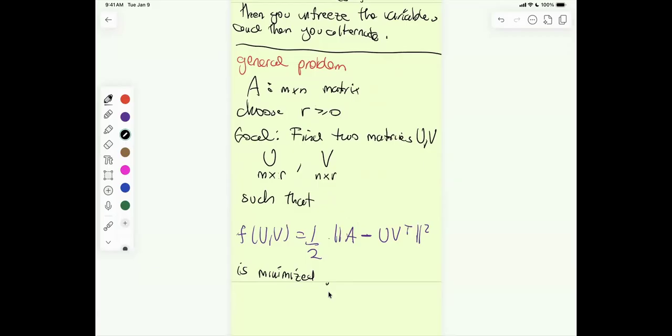But because you assume that, it doesn't mean you're forcing it. That on its own is not saying that those factors have to be the ones that come from the SVD, right?